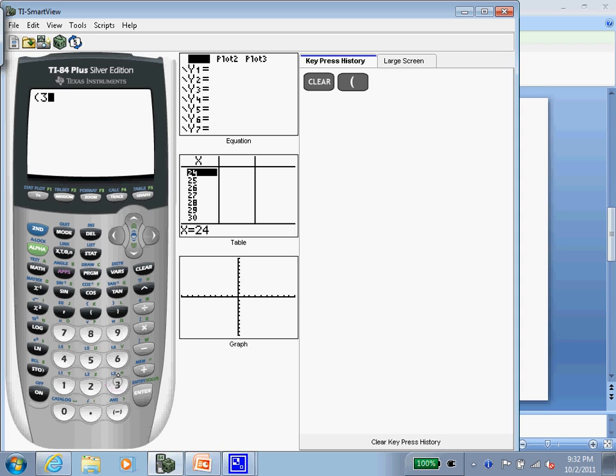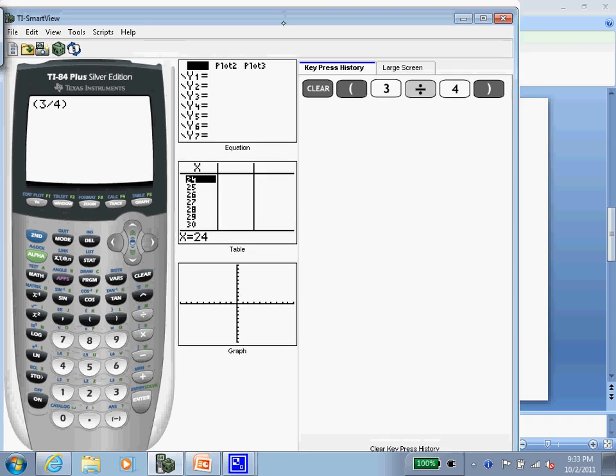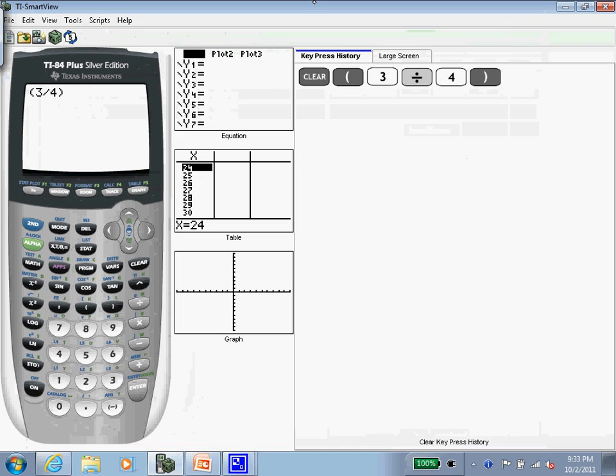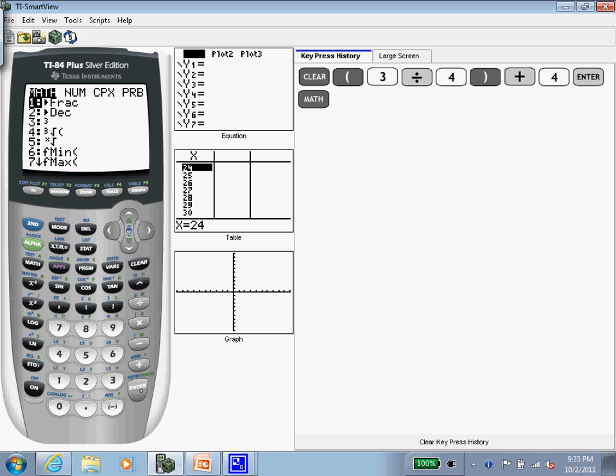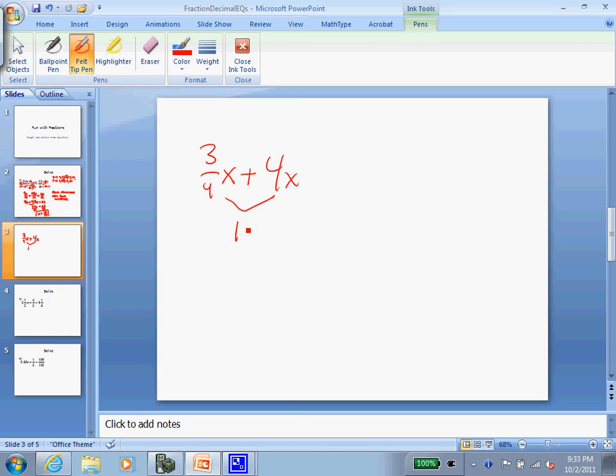So I do 3 divided by 4 plus 4, because again we're simplifying and combining like terms, so we add the coefficients. And I'm going to do math fraction, and I get 19/4 x.